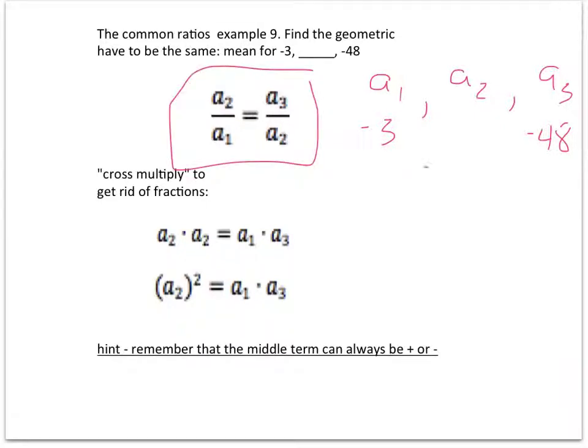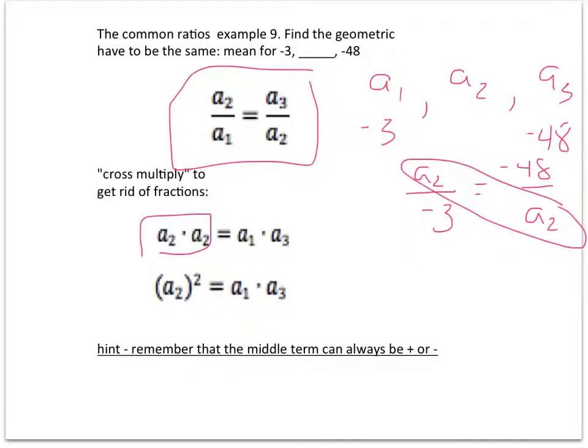So we're going to have a to the second, which we don't know, all over -3 equals the third term over the a sub 2. That's just doing common ratio twice. From there, you're going to cross multiply. So in this case, you have a times a, which that makes sense. Then -3 times -48.